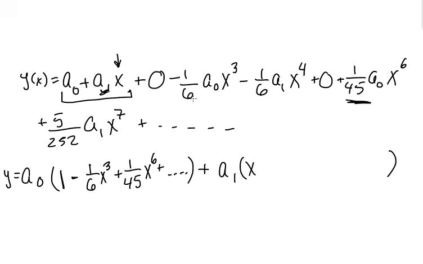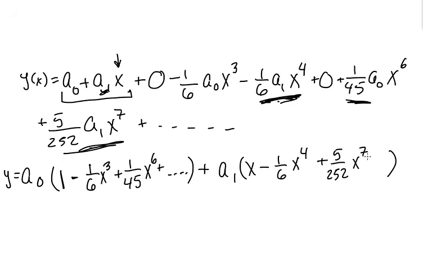What else has an a sub 1? This has an a sub 1. So this is going to be minus 1 over 6, x to the 4th. And over here, plus 5 over 252, x to the 7th, plus dot dot dot.